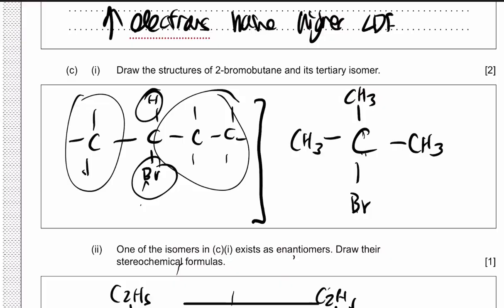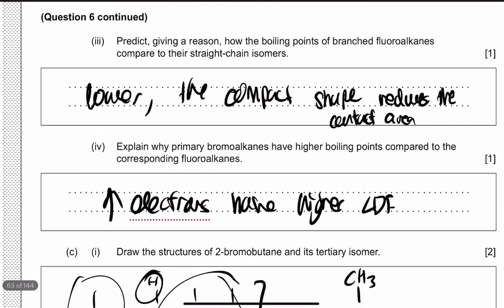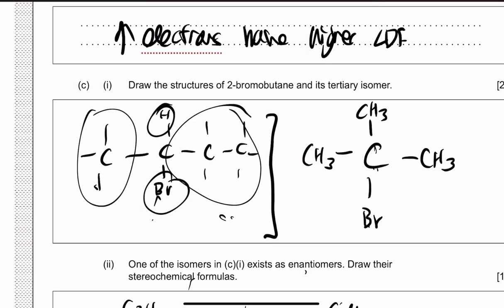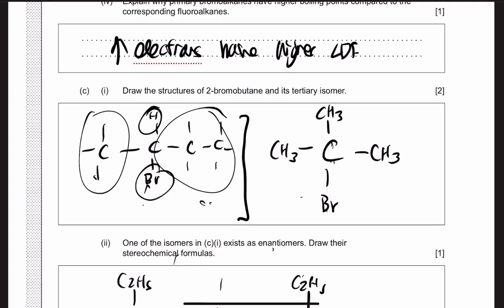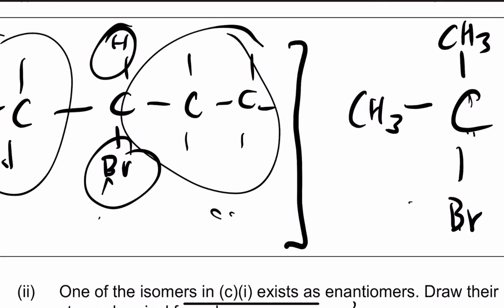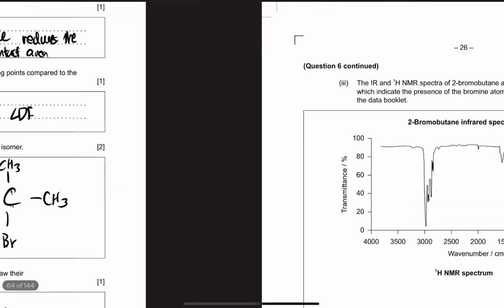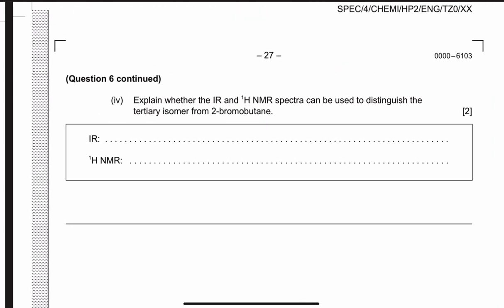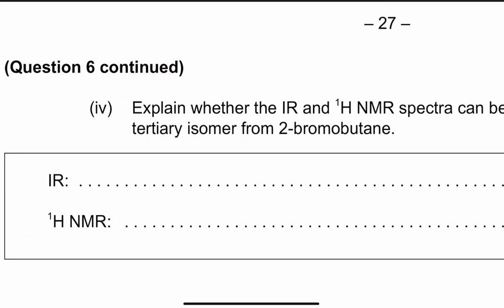Do we see any distinct bonds here that we wouldn't find in the tertiary one? I don't see any. 2-bromobutane doesn't have any bonds that the tertiary one doesn't have either, so they have the same bonds. This means we can't use the IR due to the same bonds.